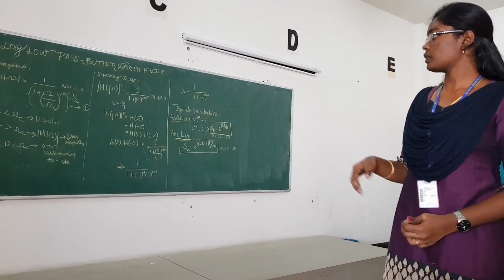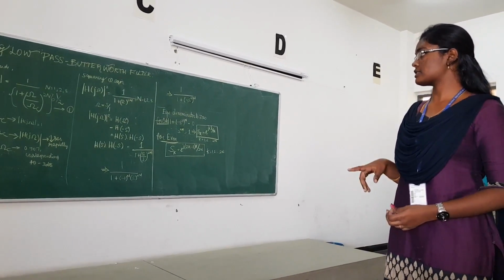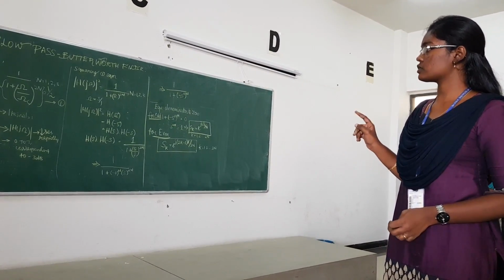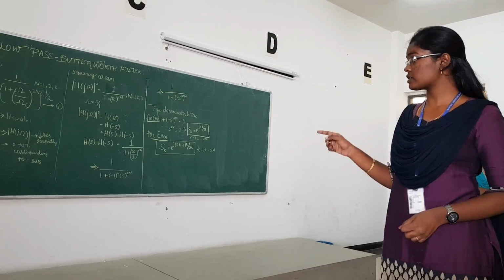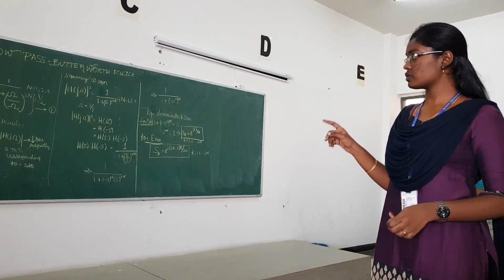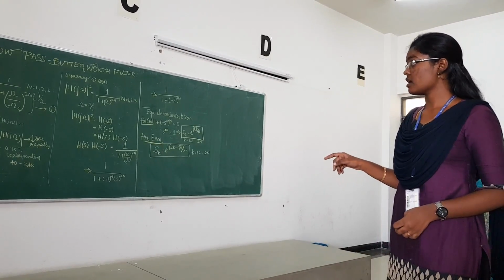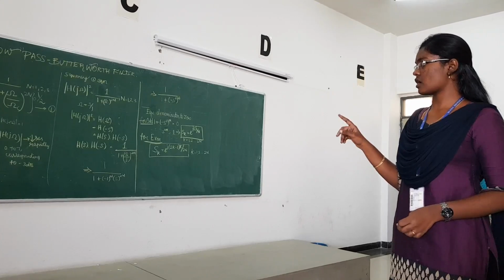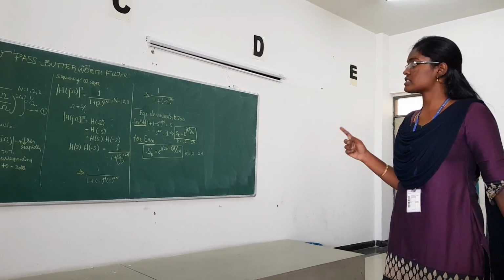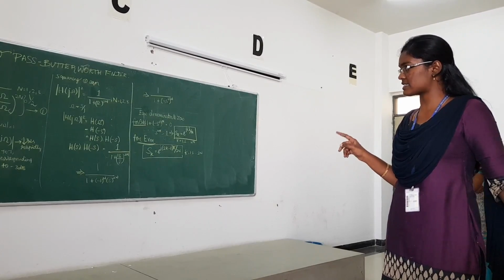In the first equation we get |H(jω)|² = 1 / [1 + ω^(2n)], where n ranges from 1 to 13 and ωc is taken as 1. Here we substitute ω = s/j, and thereby it comes as H(jω) squared, that is |H(ω)|². If I substitute s by j, it comes as minus s squared.